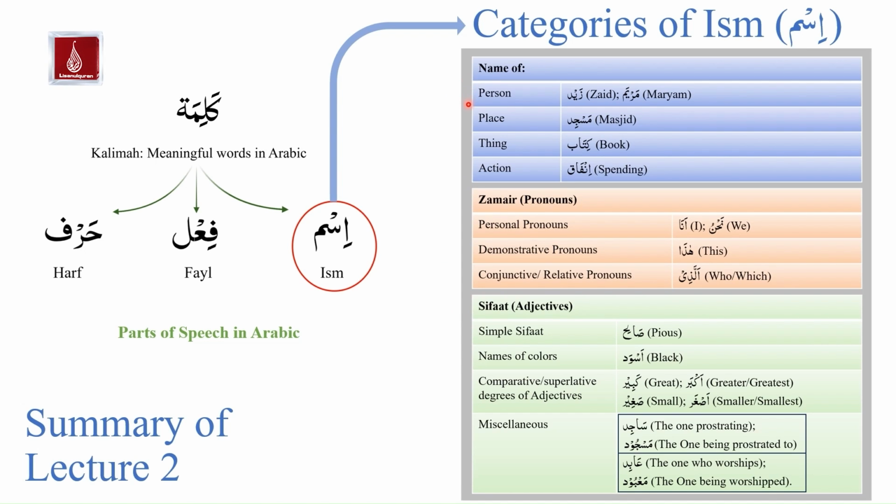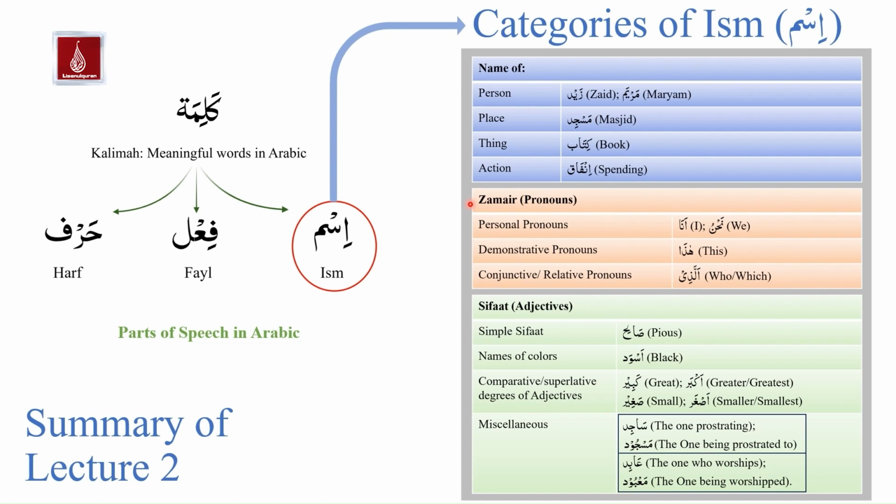Names will include names of person, such as Maryam and Zaid, or the name of a place, like masjid, or the name of a thing, like kitab or qalam, or the name of actions, for example, infaq, which means spending. Ism will also include Zamay.